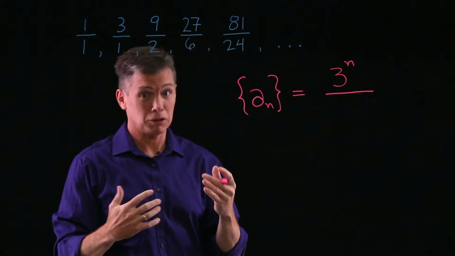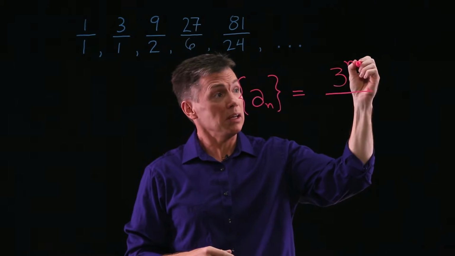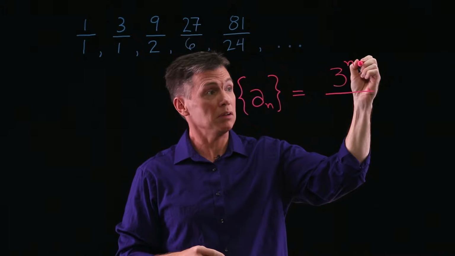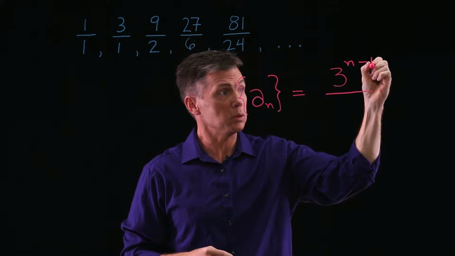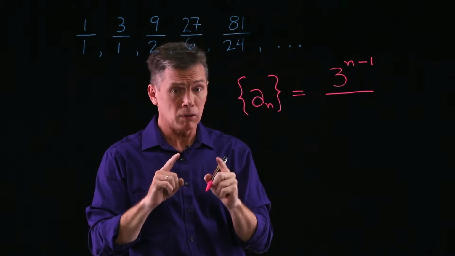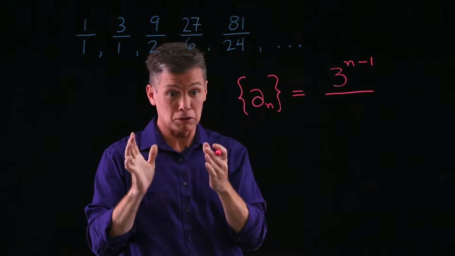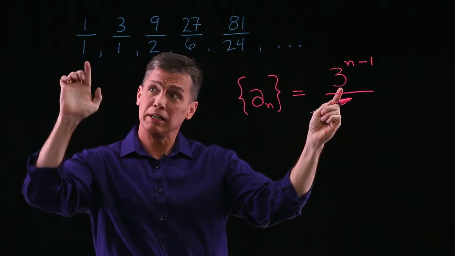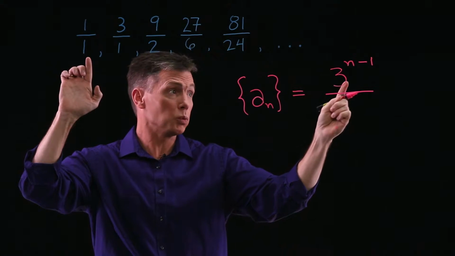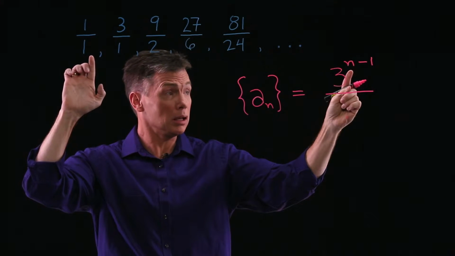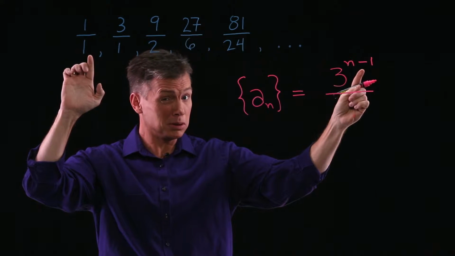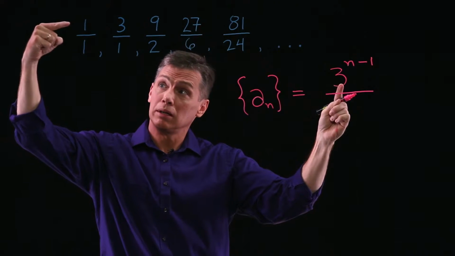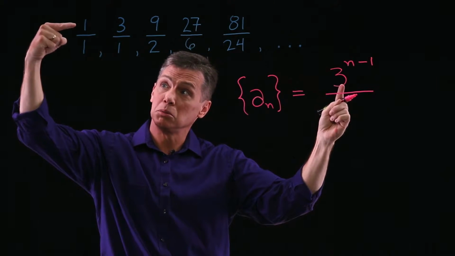So here's a trick. Another one of the tricks is I'm going to take this exponent, and instead of n, I'm going to do n minus 1. Now, again, check, and that's another clue, is check yourself a lot. I'll check again if I'm trying to get that first term, n equals 1, plug a 1 in for n. 1 minus 1 is 0, 3 to the 0 power, that does give me that 1 that's in the numerator.